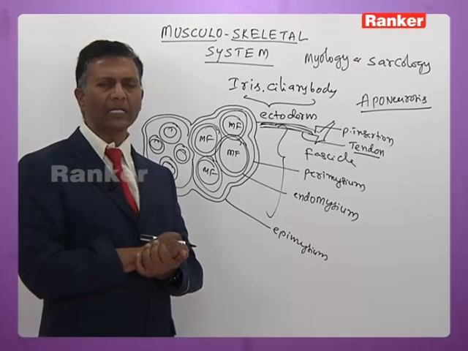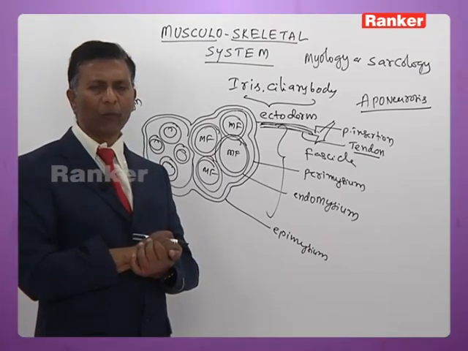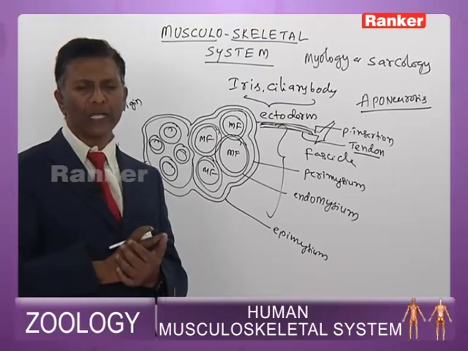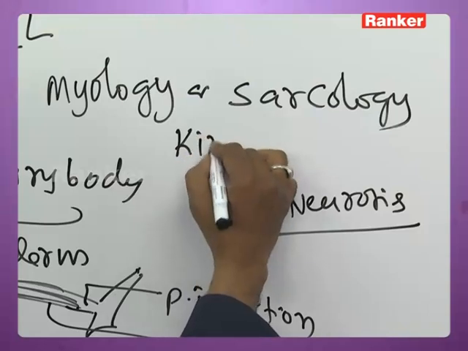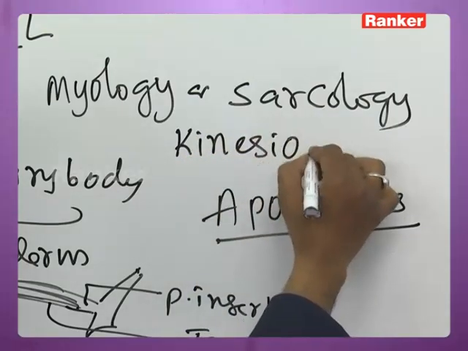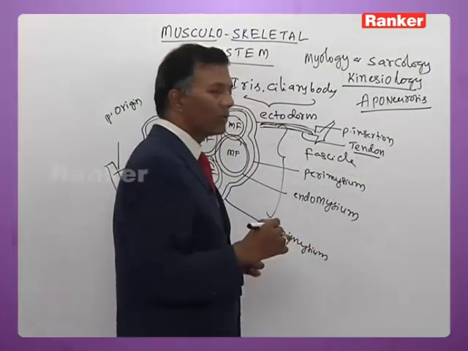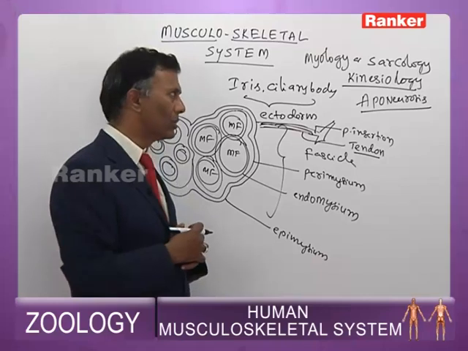And the branch of science that deals with the movement of muscles and the movement of bones, so on and so forth, that is the kinematics part of the musculoskeletal system, is called kinesiology. This is another important point, students. Remember, from the EAMCET point of view, kinesiology is a branch of science that deals with the movement of muscles and movement of bones.